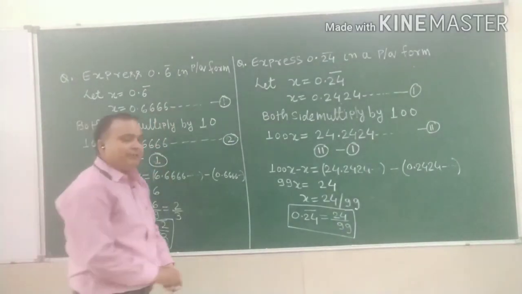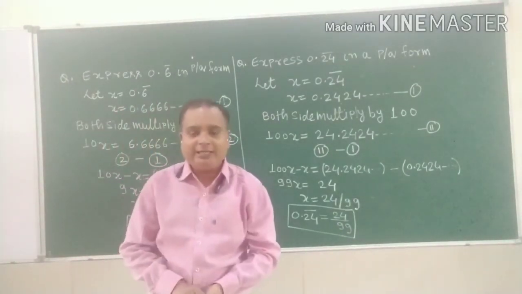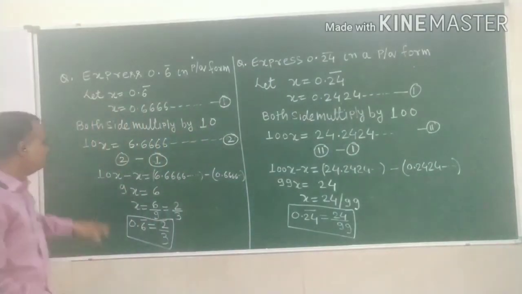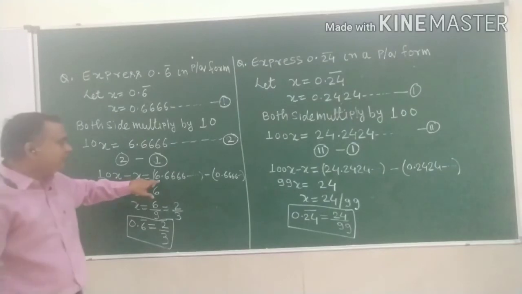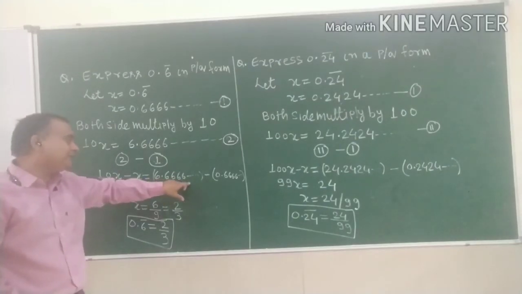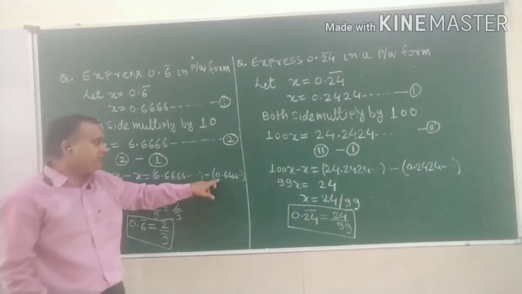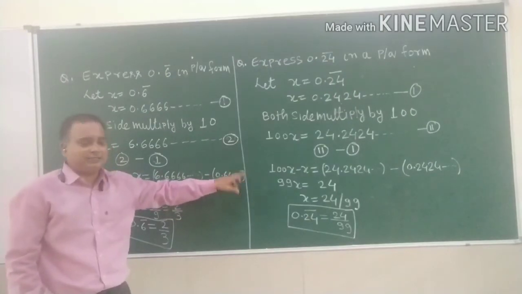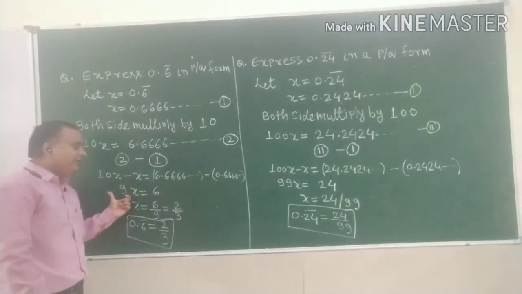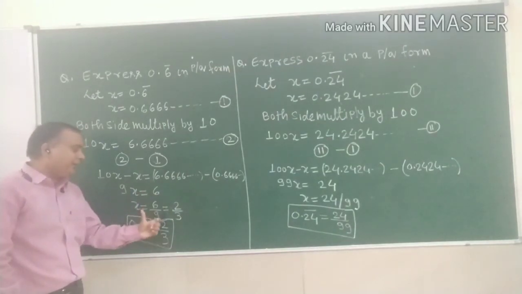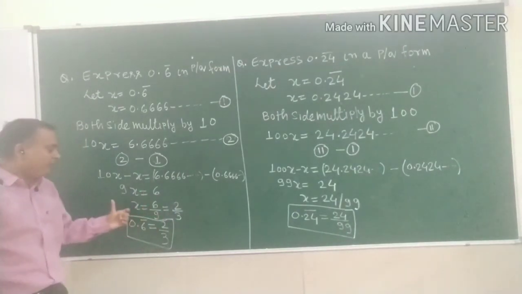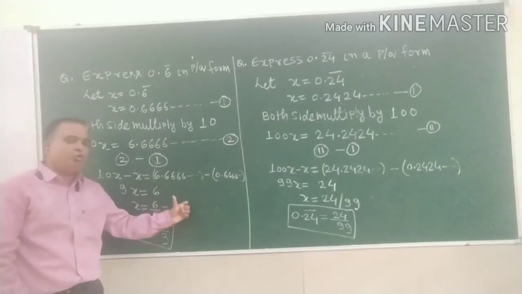So we can write 10x minus x equal to 6.6666 minus 0.6666. That is 9x equal to 6, or x equal to 6 by 9, or in the simplest form I can write x equal to 2 by 3.